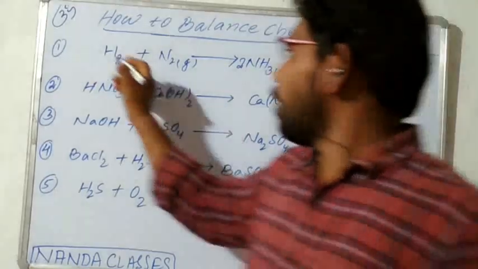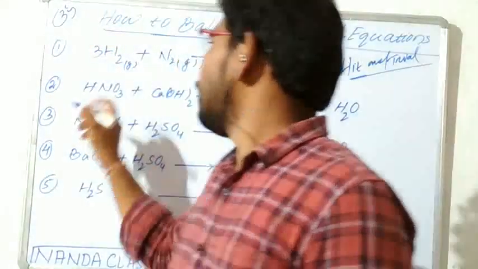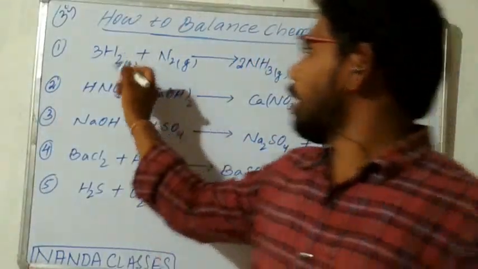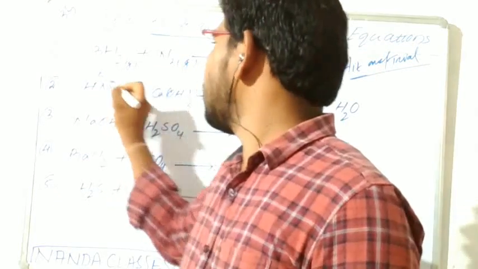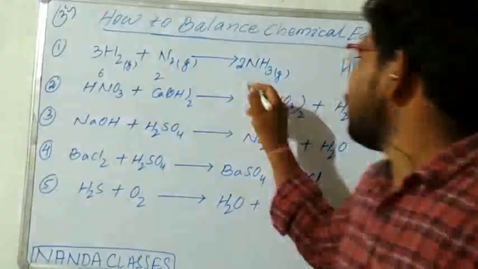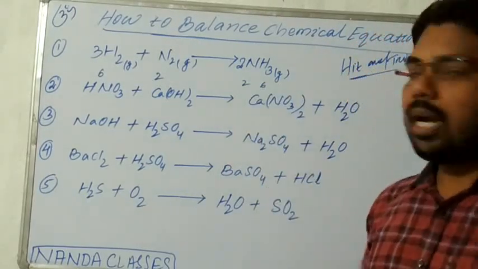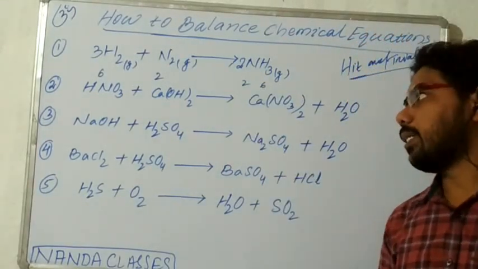So now this side has total hydrogen 6 and nitrogen 2, and this side also has total hydrogen 6 and nitrogen 2. So now this equation is balanced.